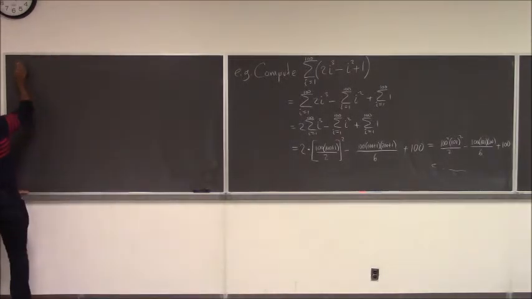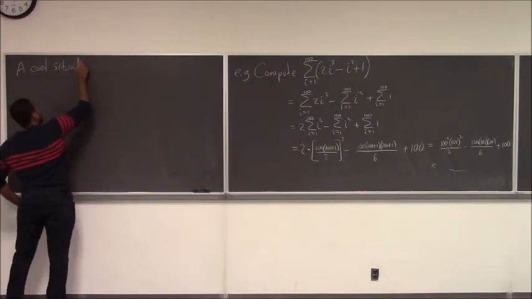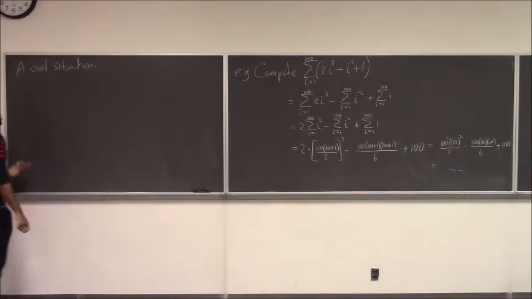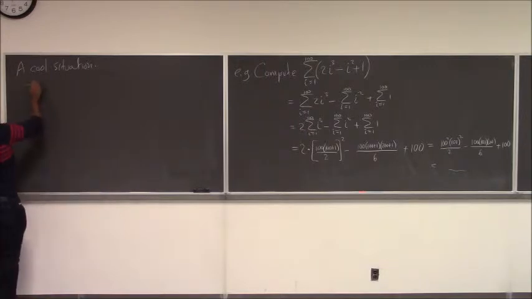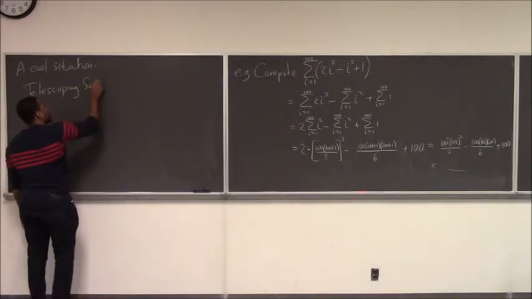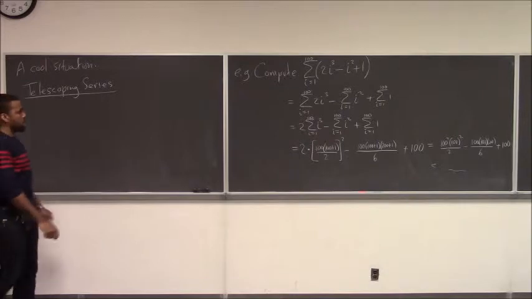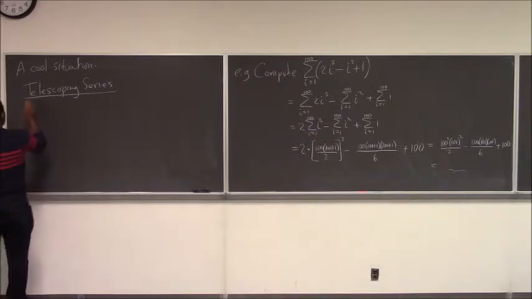Now here is a cool situation. You'll see this a lot in Calc 2, but there's something called a telescoping series. I'm not sure why it's called a telescoping series.